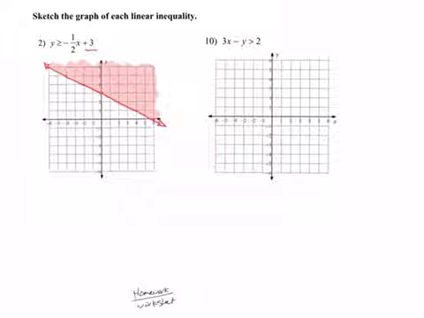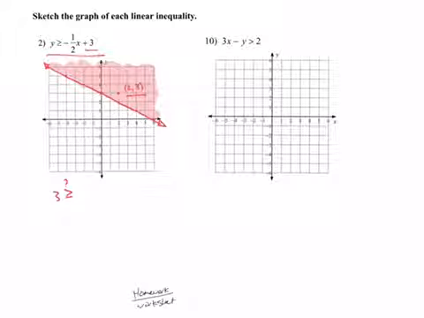Now, what does this mean? What did I just do? What I'm saying is that any point in here, maybe this point right here, (2, 3), if I plugged this point into this equation, it would be true. Let's illustrate that real quick. So the y is 3. I'm trying to find out if this is true.